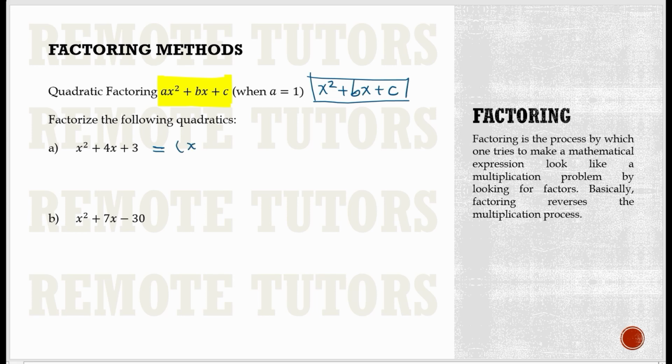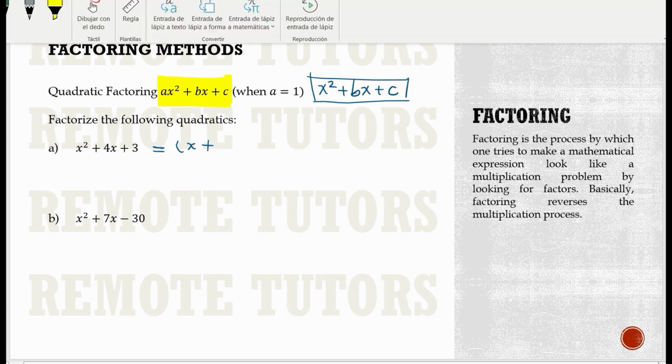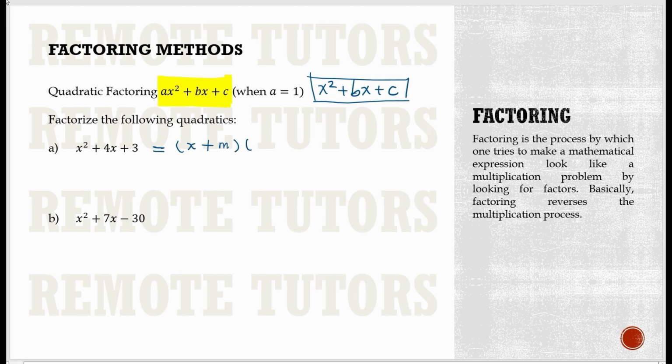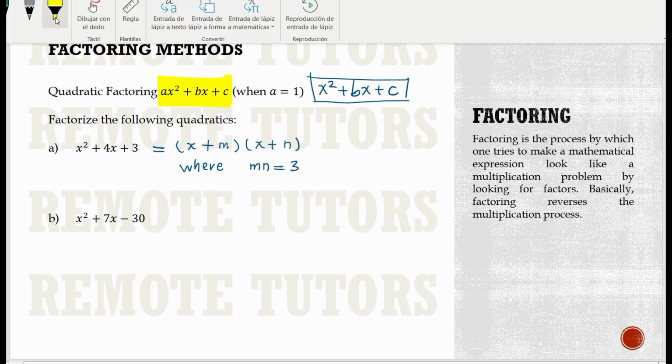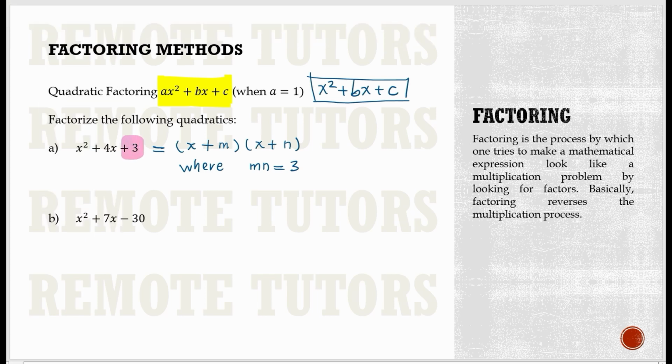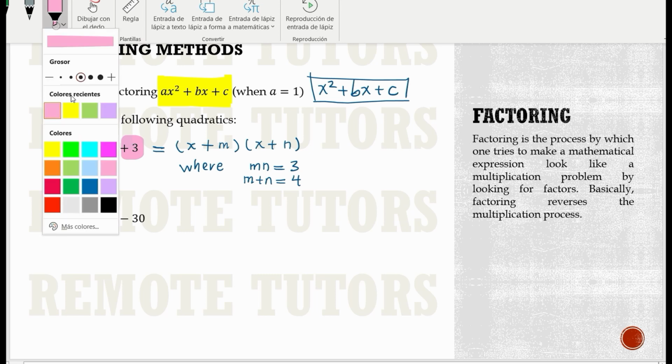X squared plus 4x plus 3 can be factored as (x plus some number, let's say m) times (x plus some number n), where m times n is 3, the constant, and m plus n is 4, the coefficient of x.